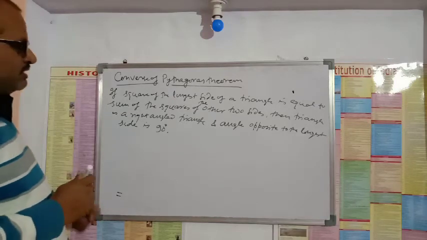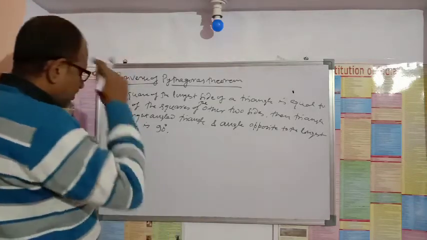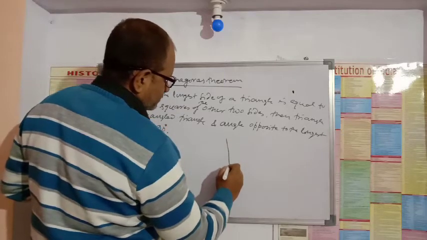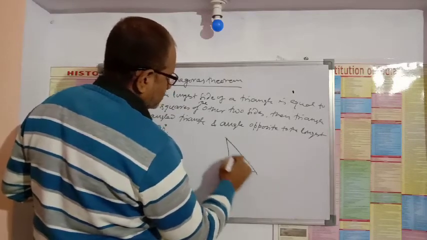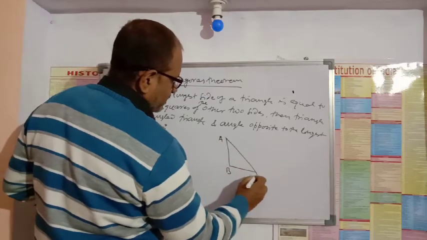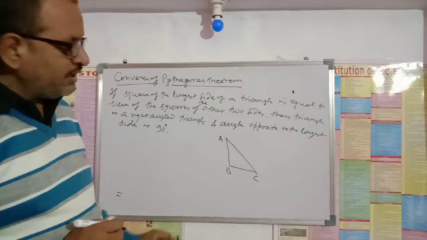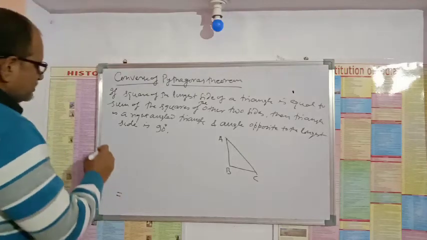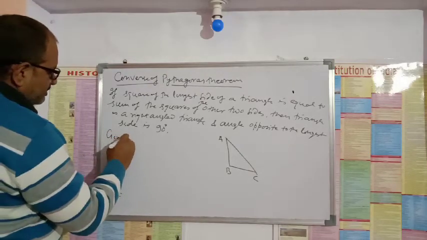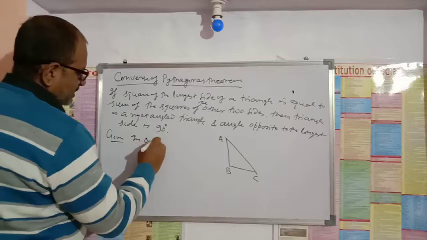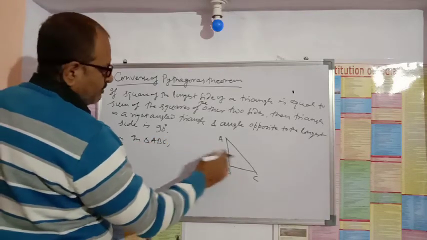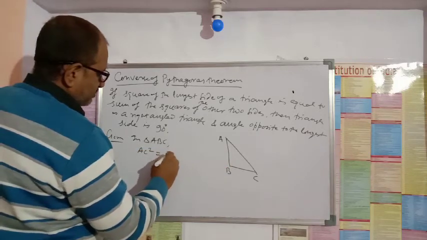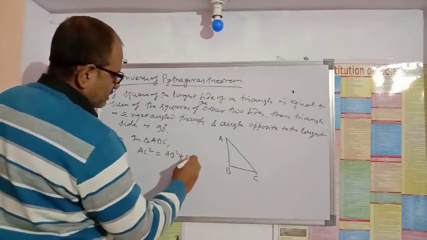How can we prove the converse of Pythagoras theorem? Let us take a triangle ABC. It is not a right angle triangle. So what is given? In triangle ABC, AC square is equal to AB square plus BC square.